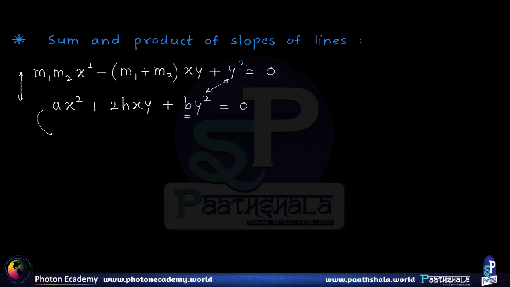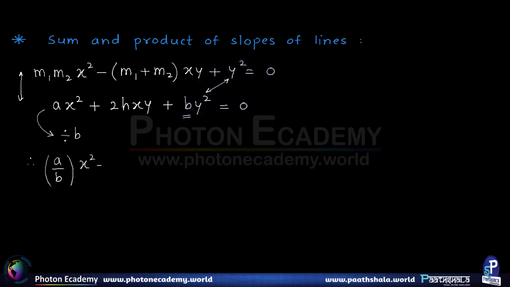So if we divide this equation throughout by b, assuming that it's not 0, we will get a upon b times x square plus (2h upon b) times xy plus y square equal to 0.